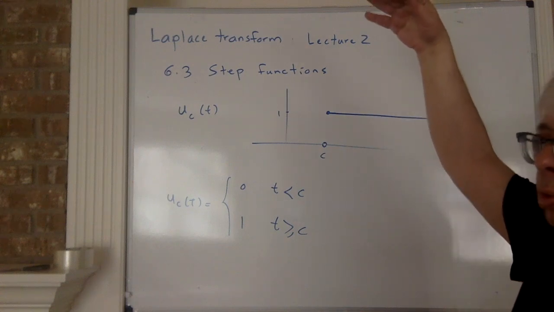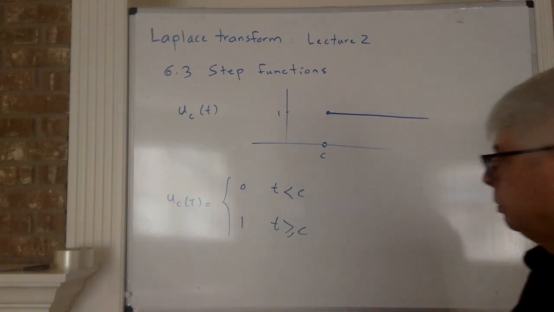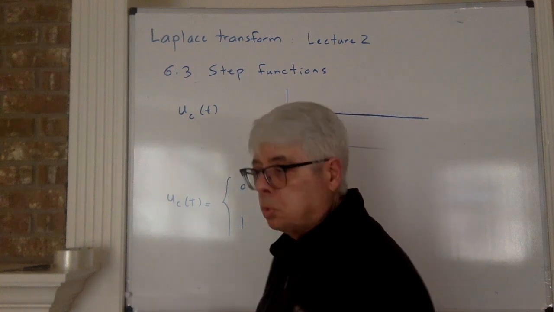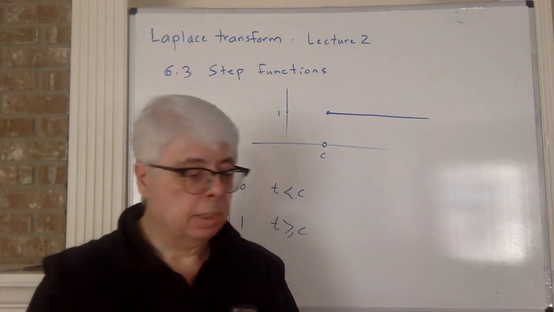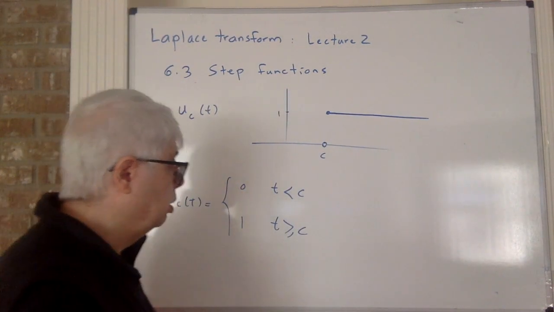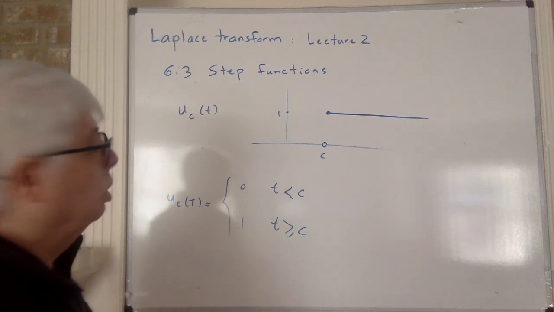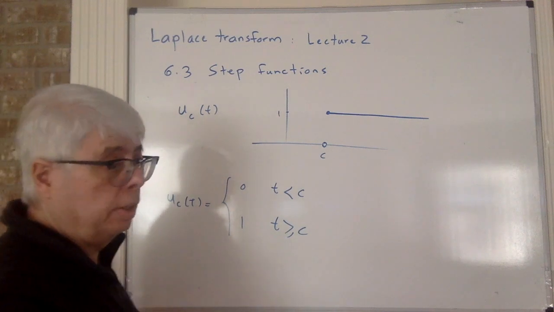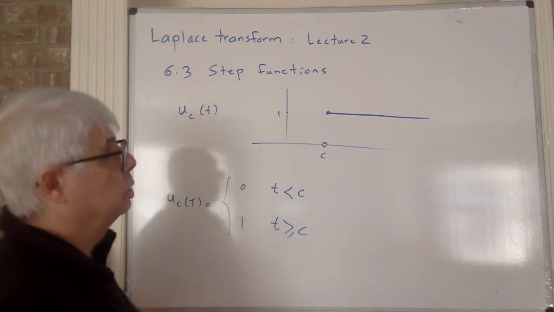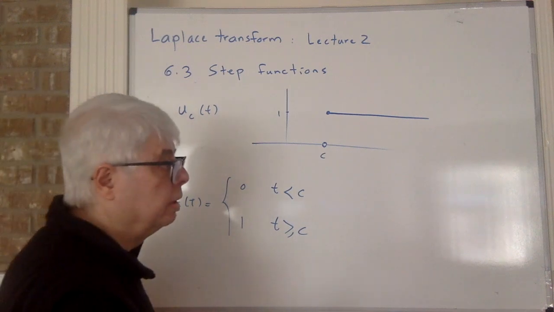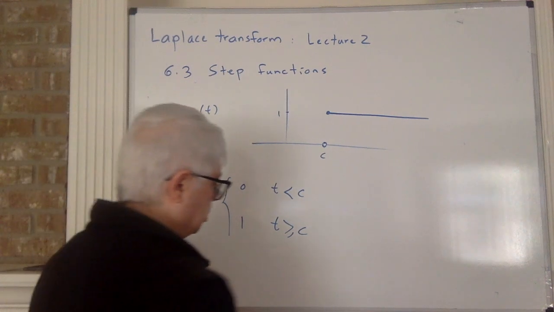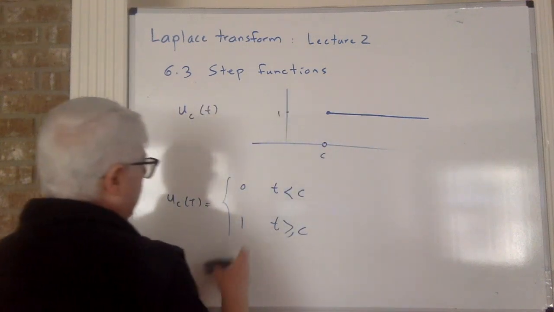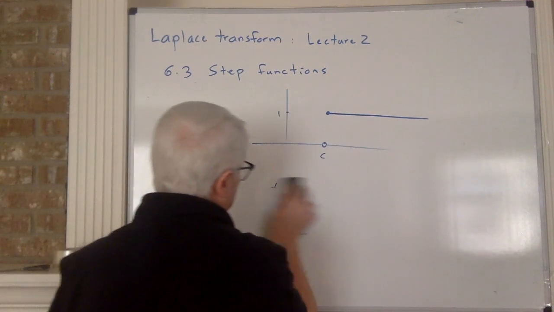It's like the voltage goes to some peak, say. Switches, for example. So they have to be analyzed very carefully because those kinds of inputs are applied to a system which has a transfer function which comes from maybe a second order differential equation. So let's find the Laplace transform of this.